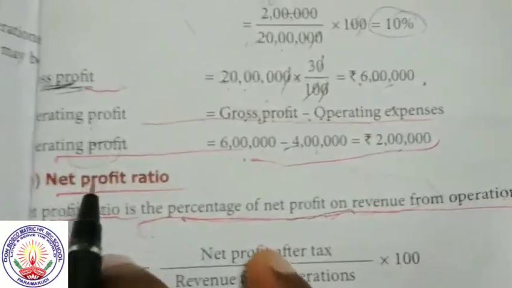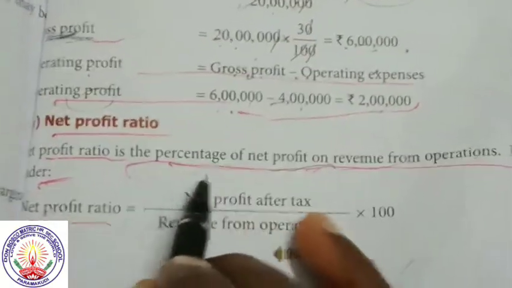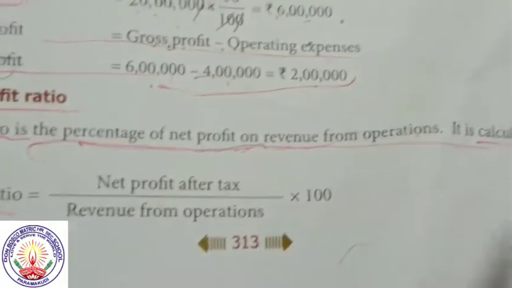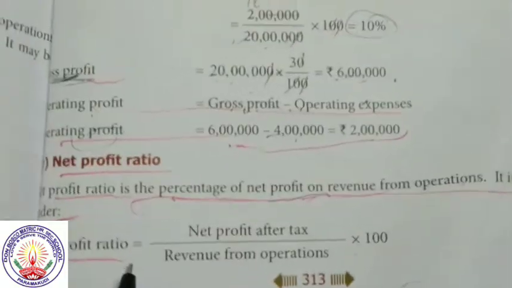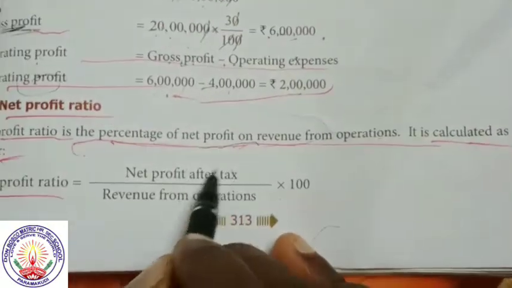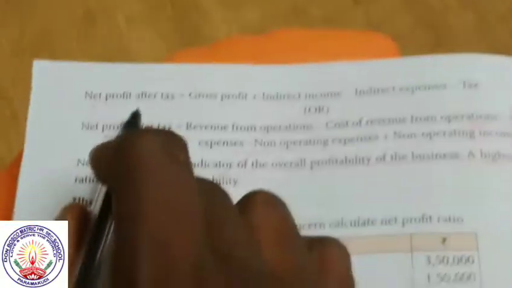Now the net profit ratio. The net profit ratio is the percentage of net profit to revenue from operation. It is calculated as net profit ratio equals net profit after tax divided by revenue from operation into 100. What is the formula for net profit after tax?